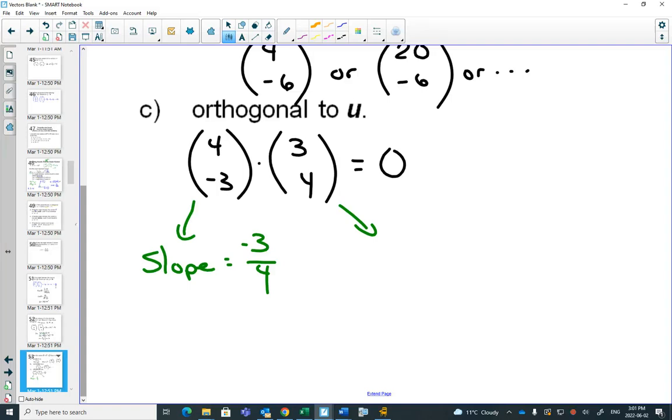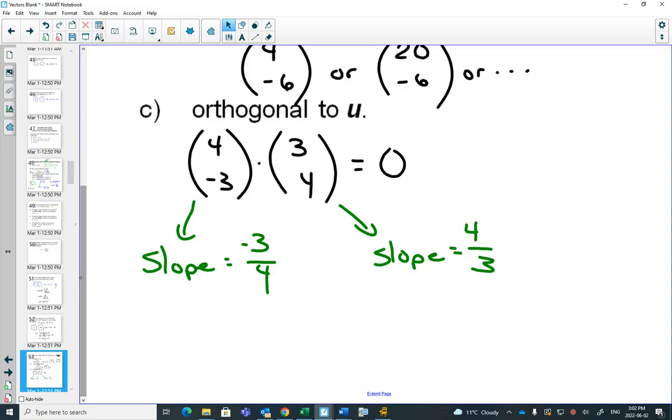So if one is negative, the other is positive. Notice that here we flipped them. Now the rise is 4 and the run is 3. So these vectors are very close to, like when you write a vector, you're pretty much writing the slope in one way, just that the x and the y is flipped. So you can use that as well to find out if two things are perpendicular.